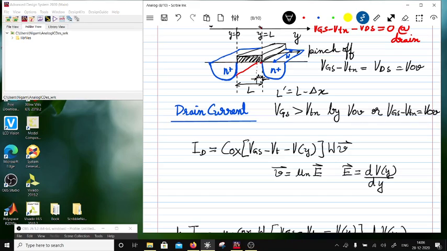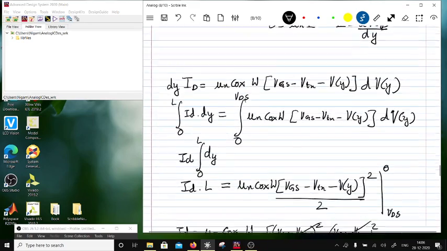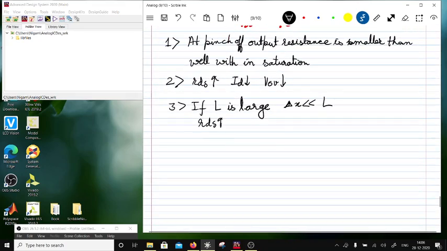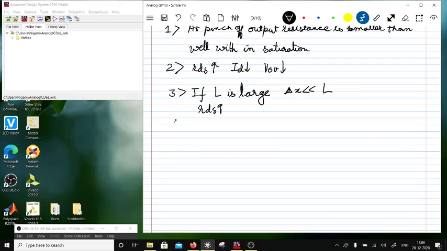That's the rationale. If Na is large, then the channel length modulation is going to be small and the output resistance will be large. So the fourth thing I want to write here is, if Na is large, then RDS is large.